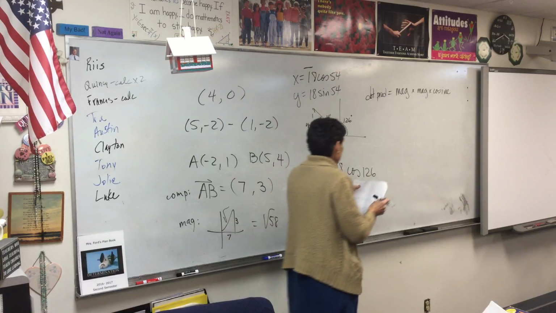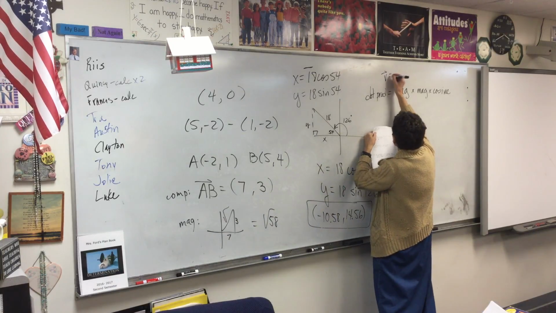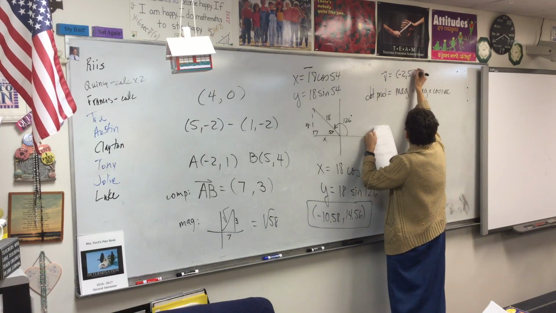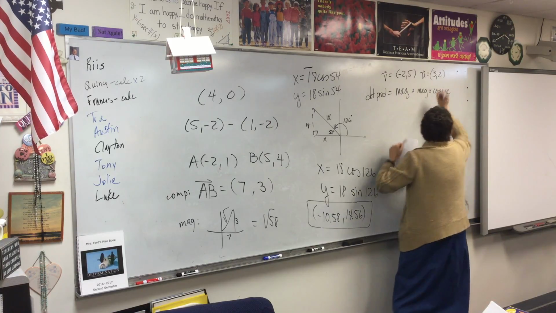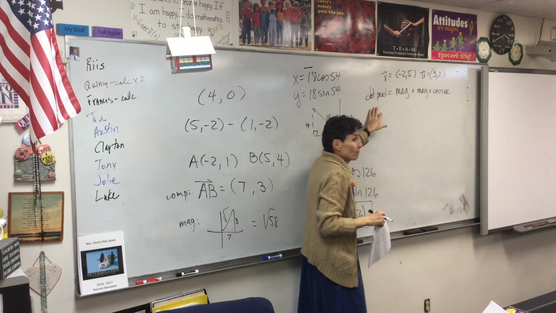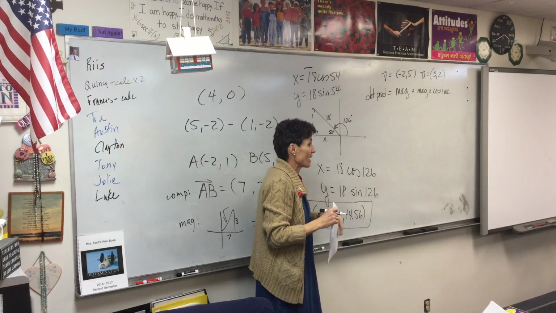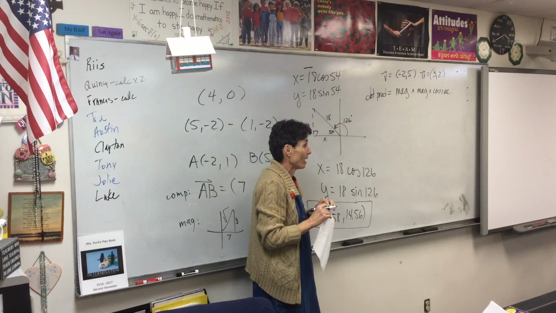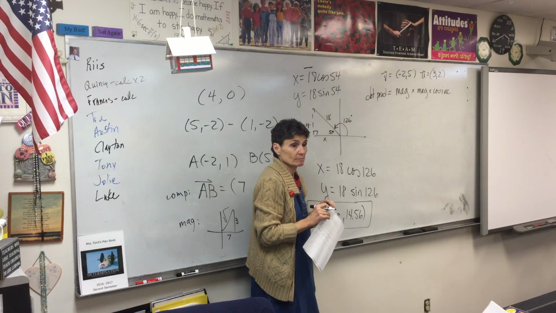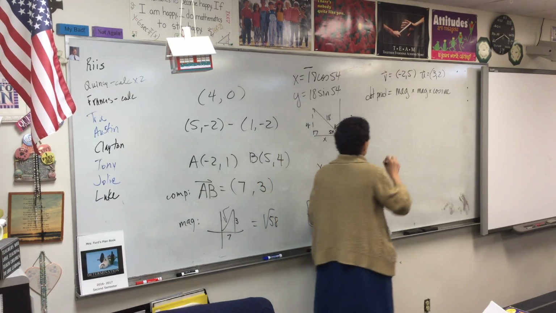Now, our two vectors are negative 2, 5 and 3, 2. We need their dot product. Well, we already talked about that in an earlier question. How do we find the dot product? Take the x times x.